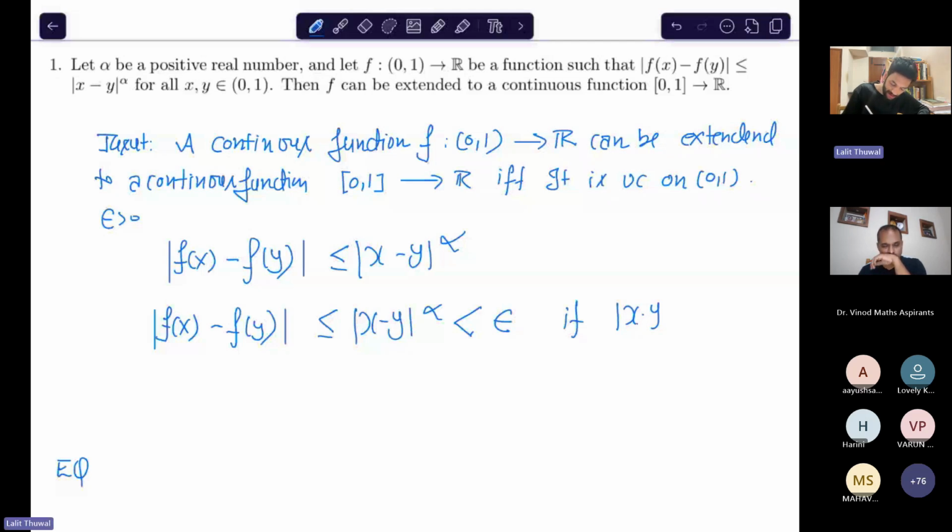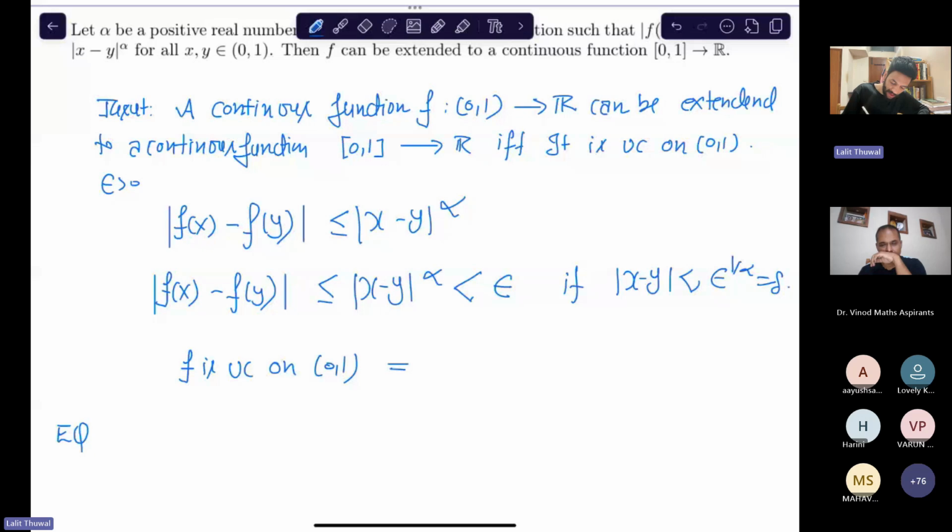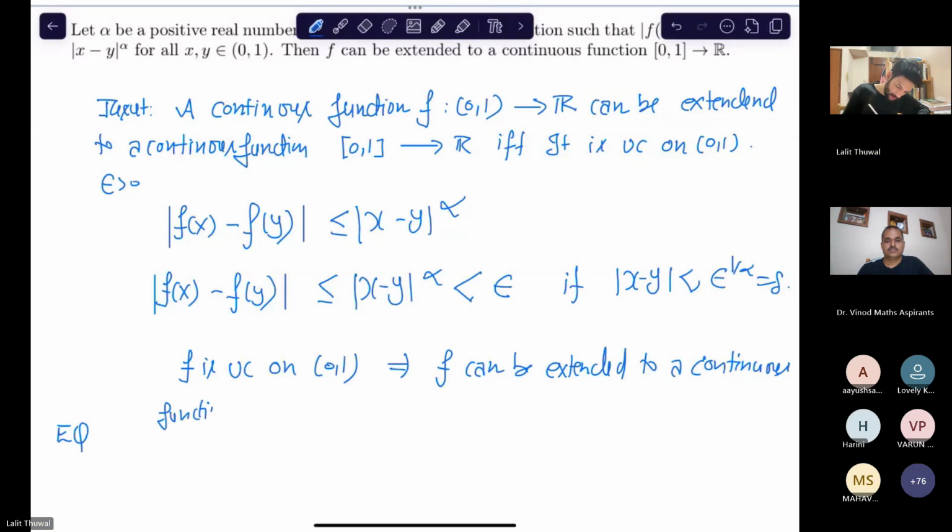This implies that f can be extended to a continuous function on the closed interval [0, 1]. So this is how we solve this question.